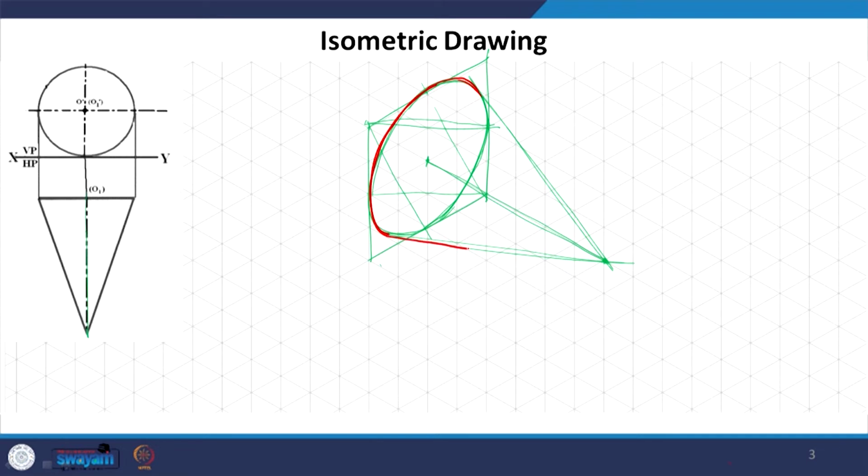So, we will just join this. This is the hidden portion of the base behind this, and if you wish you can also draw this axis, it makes it clear.